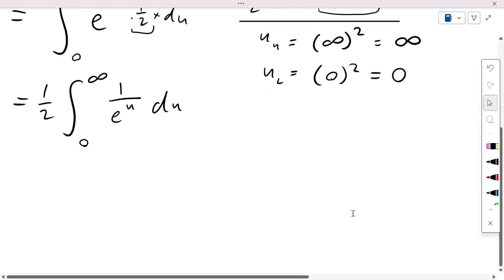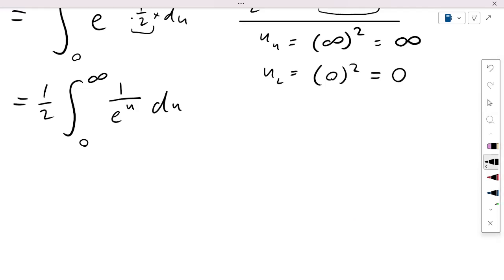Now we're going to be using another law that we're supposed to know for integrals. It's going to look like this, right? So I'm going to do it in a different color here. Oh, my bad. I completely messed that one up. This is actually supposed to be e to the negative u.